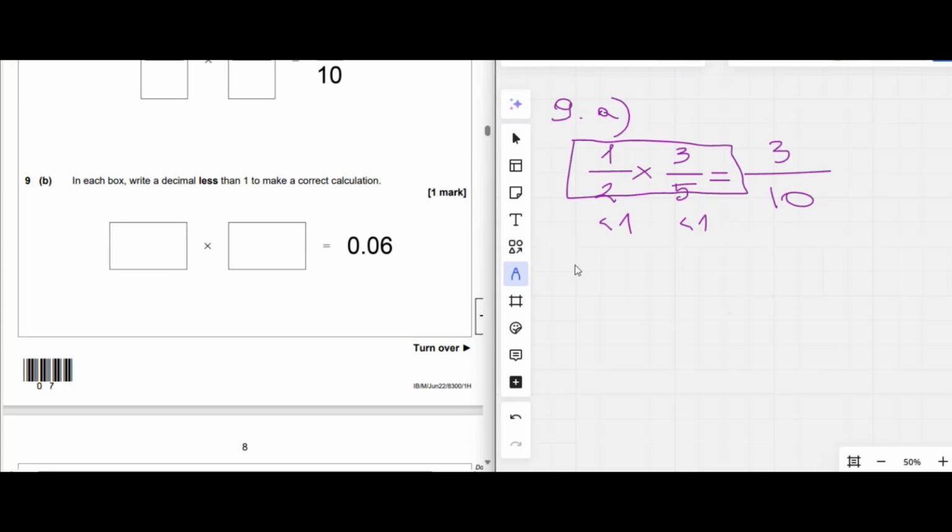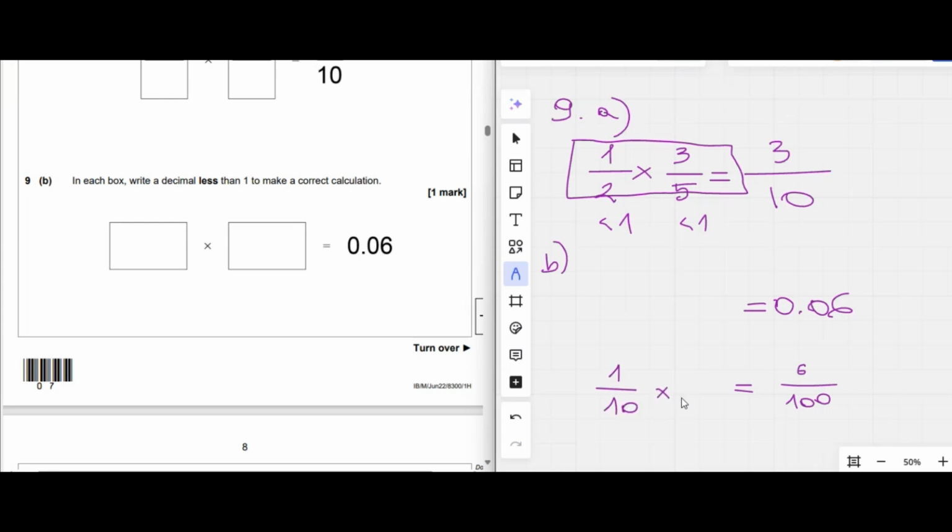In B, we have a decimal less than 1 to make 6/100. We can change the decimal to a fraction just to ease the calculation. And we can try a similar method with, I don't know, 1/10.